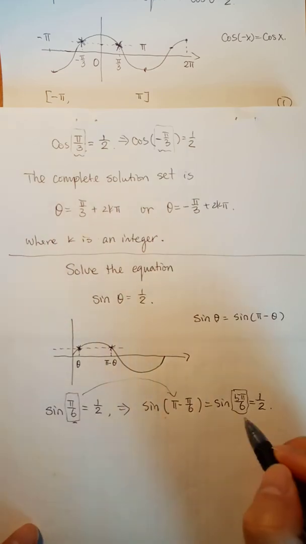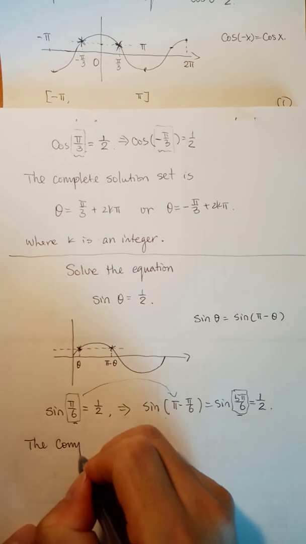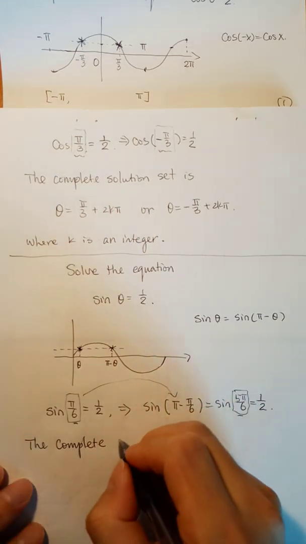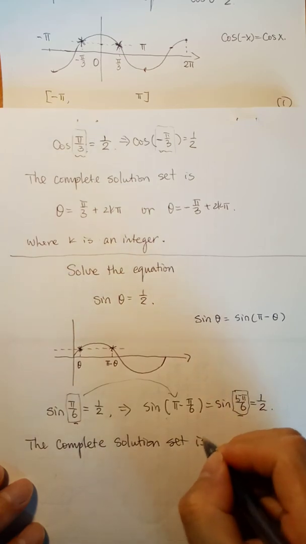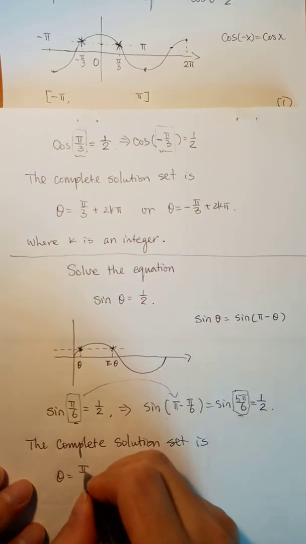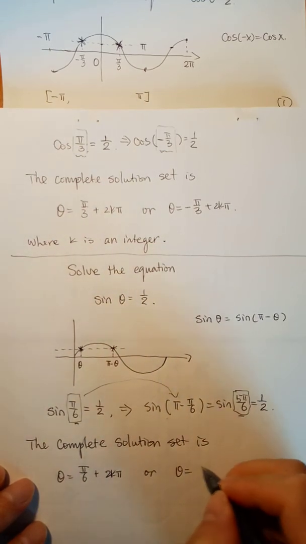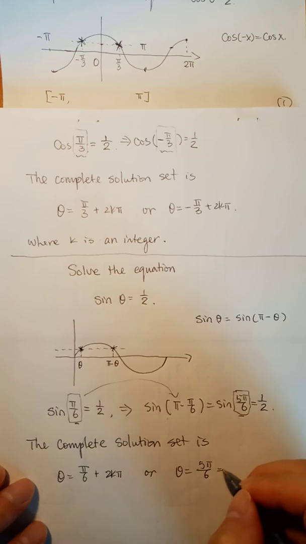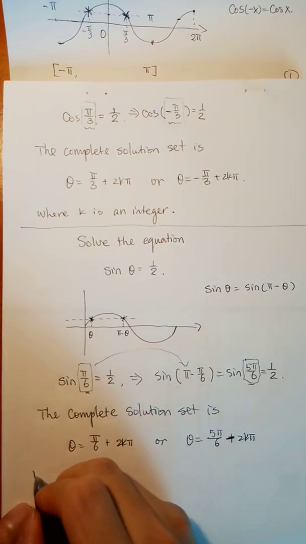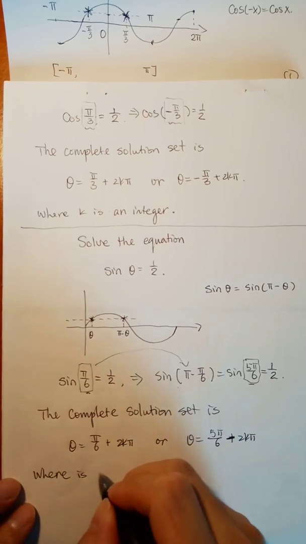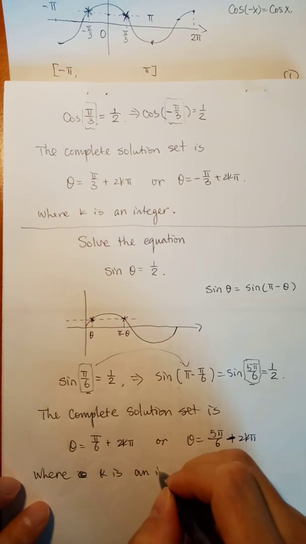Once you get the first angle and second angle, the complete solution set is theta is pi over 6 plus 2k pi, or theta is 5 pi over 6 plus 2k pi, where k is an integer.